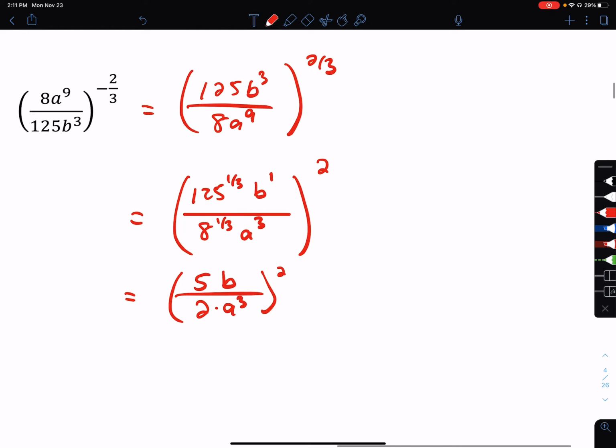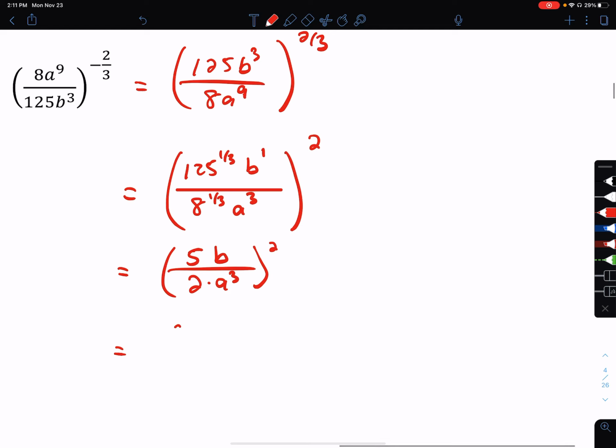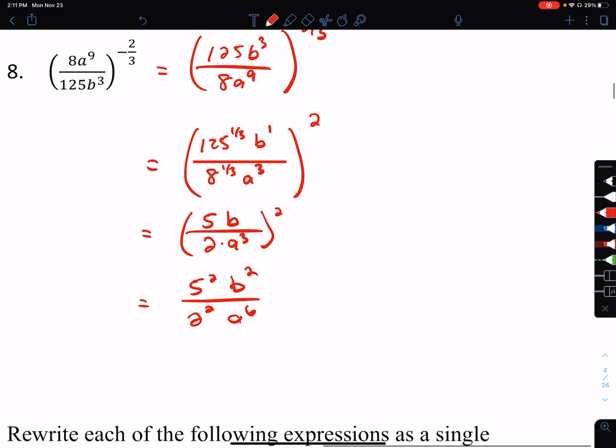Now we can square this, power to a power, so it's going to be 5 squared, b squared, 2 squared, and a to the 6th, because we multiply the exponents. That's going to give us 5 squared is 25, 2 squared is 4, so we get 25b squared over 4a to the 6th.